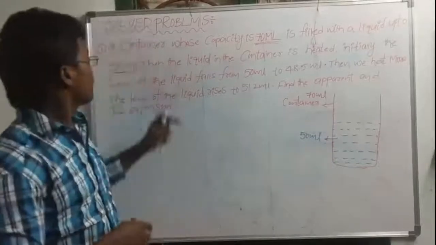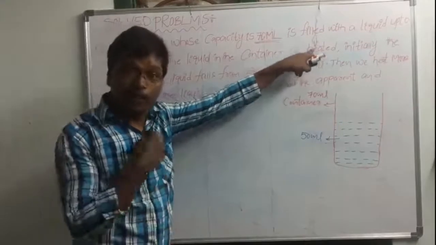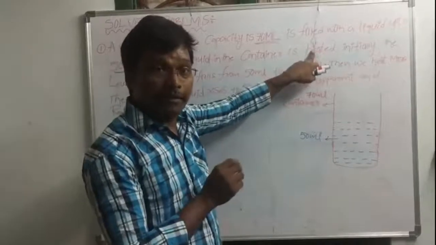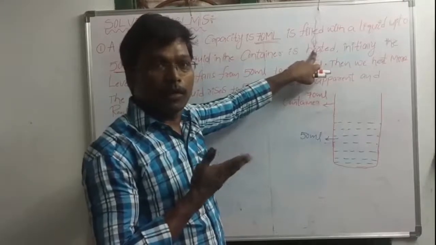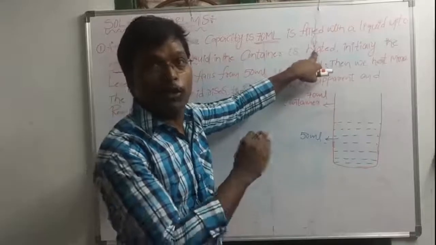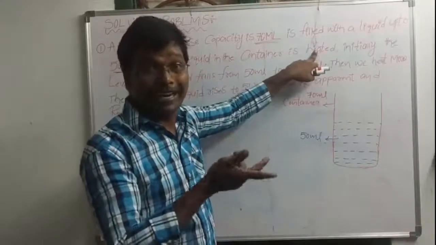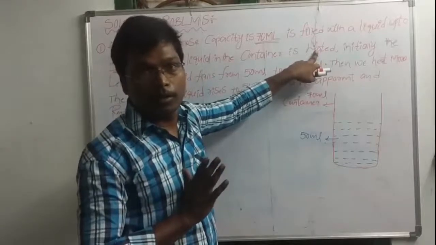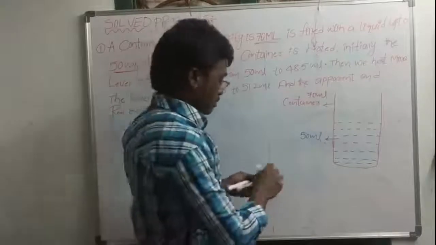Then the liquid in the container is heated. Now, what are we doing? That liquid we are heating. Usually, to heat the container, what should we do? We should keep that container on the stove, right? In all the earlier cases we did like that only. So I will keep this container on the stove.